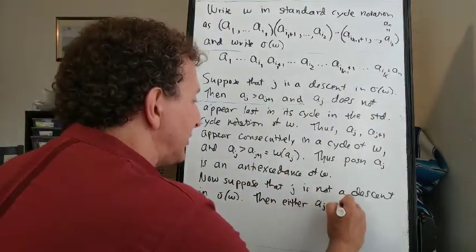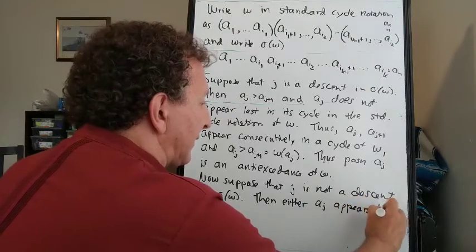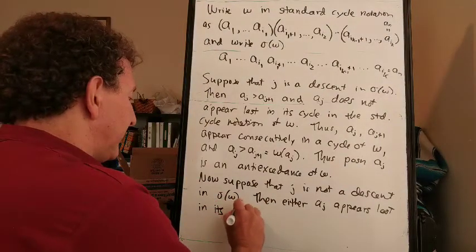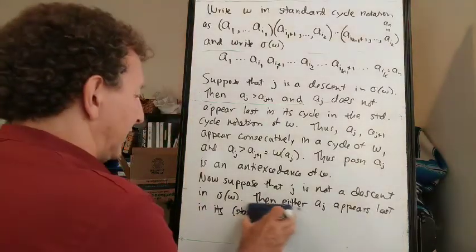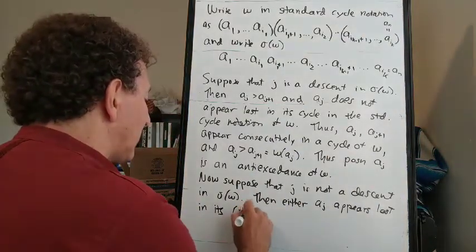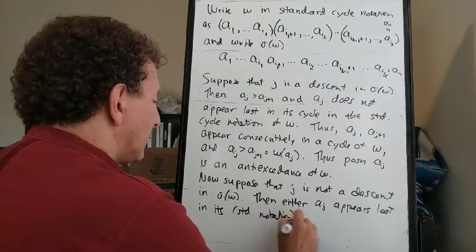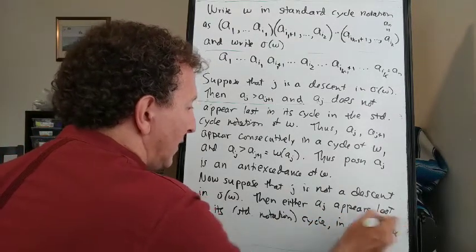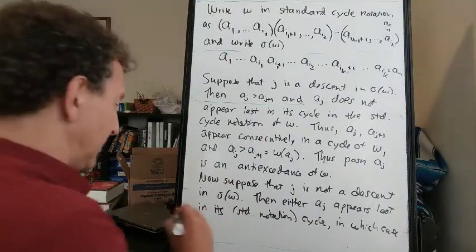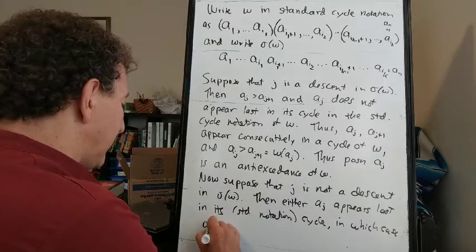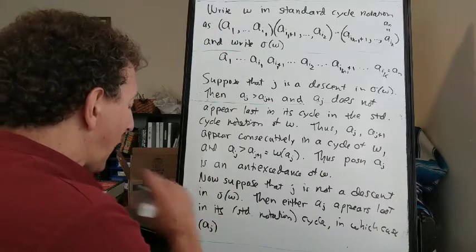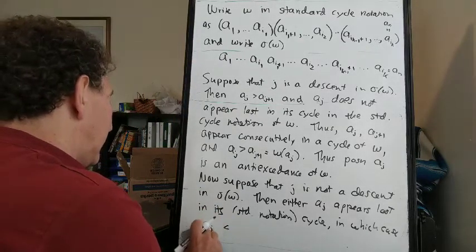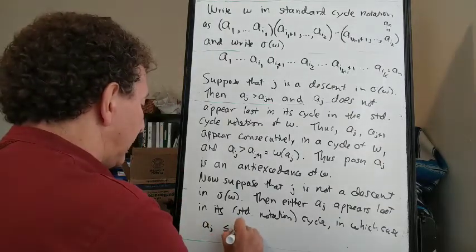So then either AJ appears last in its standard notation cycle, in which case AJ is less than or equal to W of AJ.